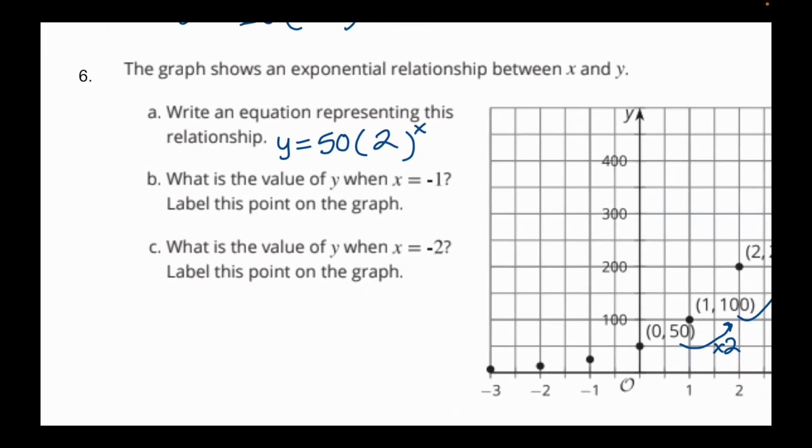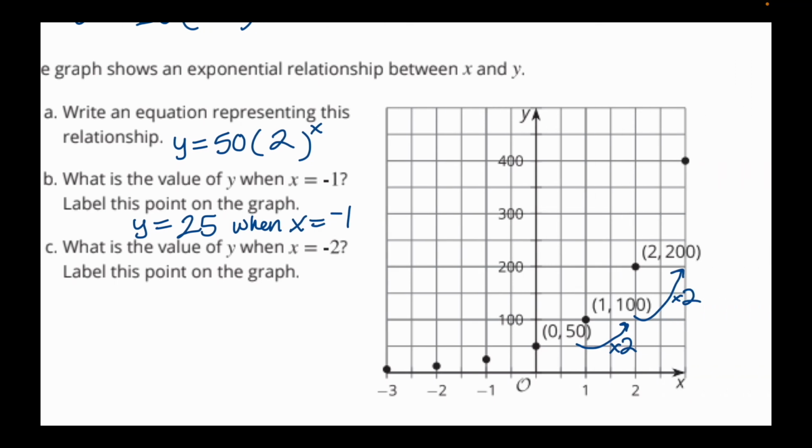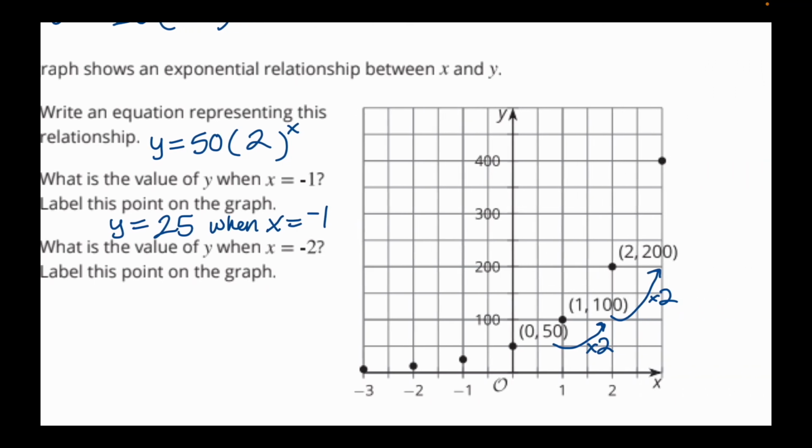So the value of y when x is, I misspoke, negative 1, is y equals 25. So this point here would be negative 1 comma 25. And that's this one right there.